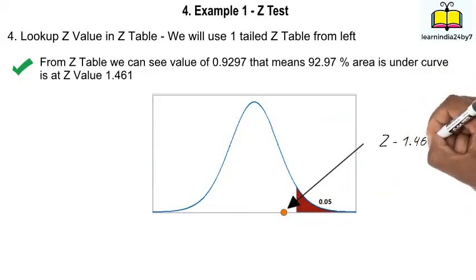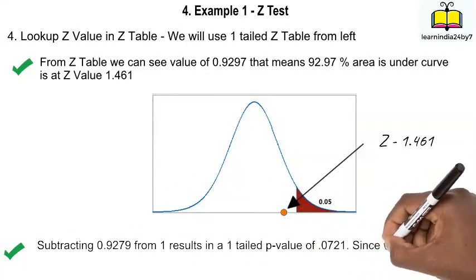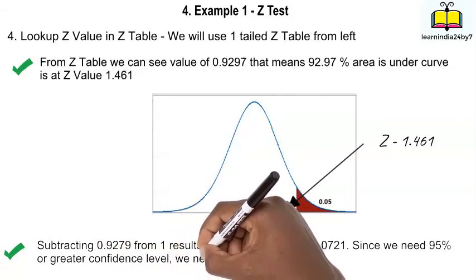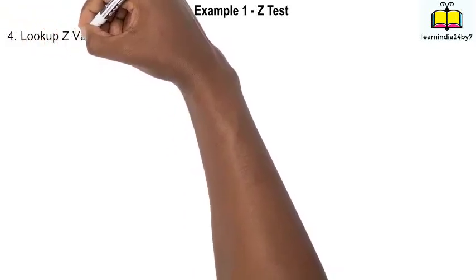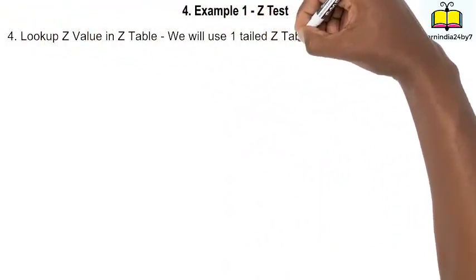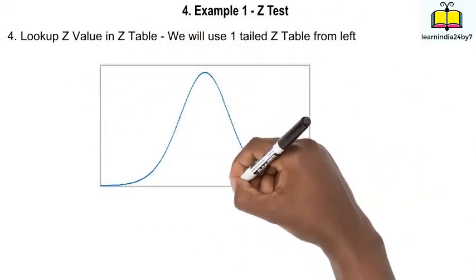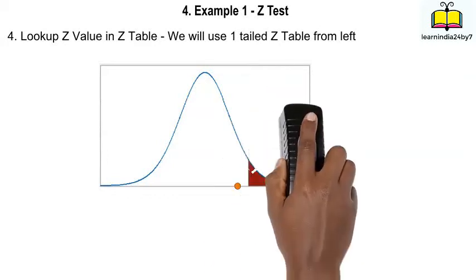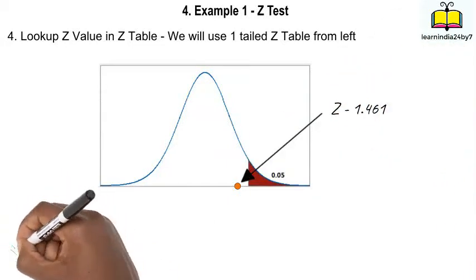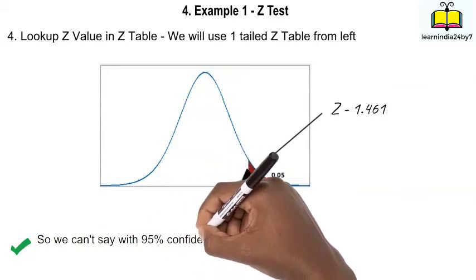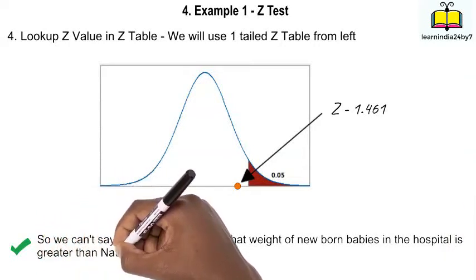Subtracting the value of 0.9279 from 1 results in a one-tail p-value of 0.072. At 95% confidence, we need a p-value of 0.05 or less. So we can't say with 95% confidence that the weight of newborn babies in the hospital is greater than the national average of newborn babies.